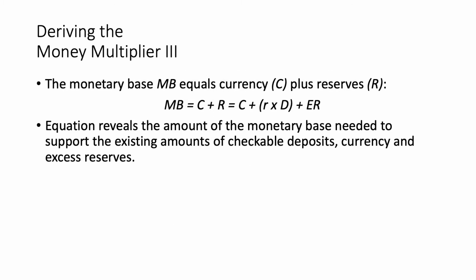The monetary base equals the currency plus reserves in the system. These could be either borrowed or non-borrowed reserves. And so we want to be able to make sure we've accounted for the entire monetary base. This will include required reserves, which will be little r multiplied by D, excess reserves, ER, and of course the amount of currency, or C.